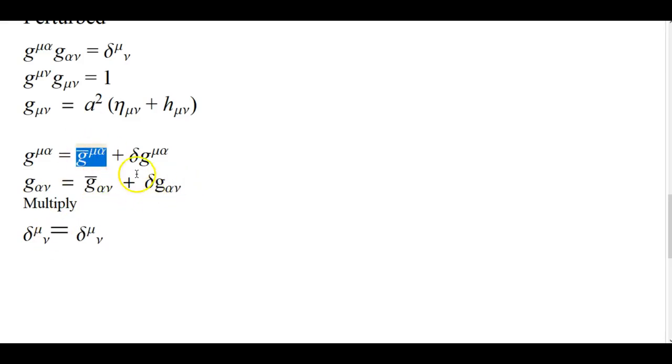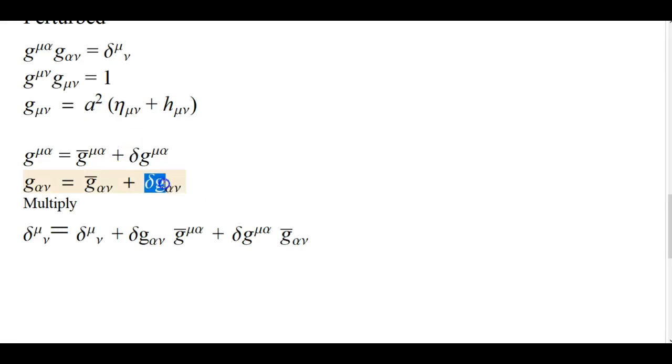When this is multiplied by this, we get this multiplied by this, and then this multiplied by this.